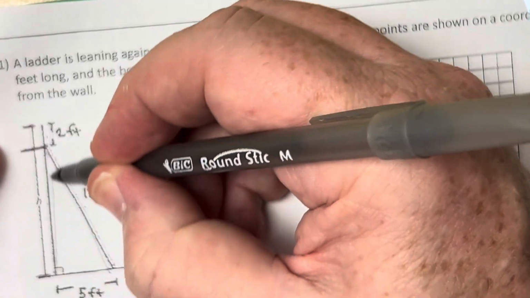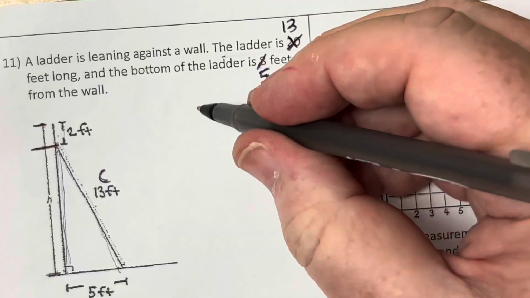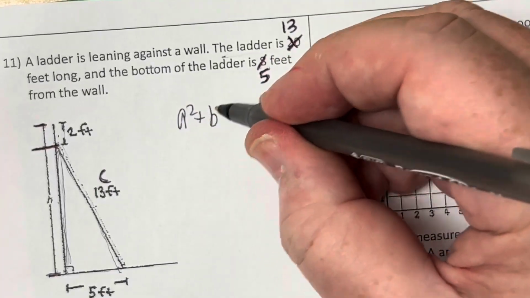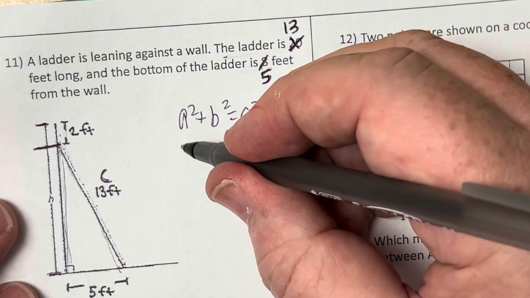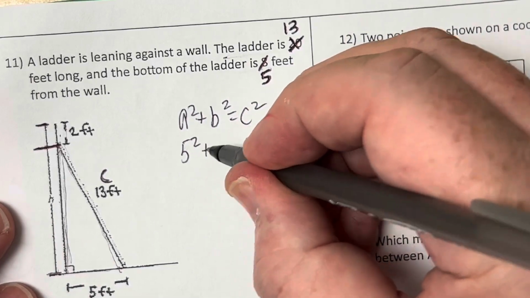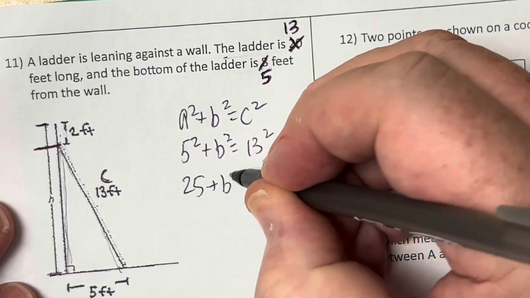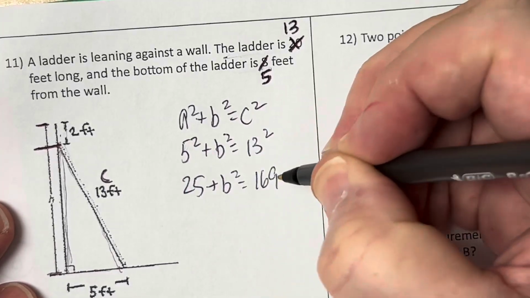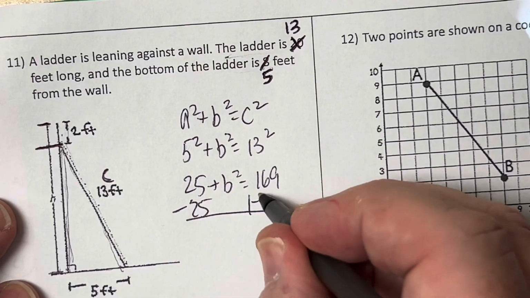So we are looking for an A or a B. All right, they give us a C here with 13. So let's first do the Pythagorean theorem. We have A squared plus B squared equals C squared. So that is 5 squared plus B squared equals 13 squared. So that's 25 plus B squared equals 169. All right, we're going to subtract 25.